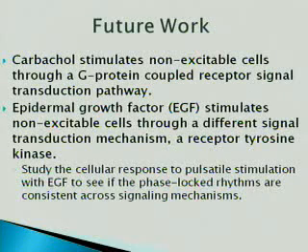And another hormone that is in your body that is used for cell growth, proliferation, and metastasis is the epidermal growth factor, EGF, and it functions through a different signal transduction mechanism called a receptor tyrosine kinase, which doesn't involve many of the thresholds involved in the G protein coupled receptor. So we hope to study the cellular response to pulsatile stimulation with EGF to see if the phase lock rhythms that we see with carbachol are consistent across signaling mechanisms.